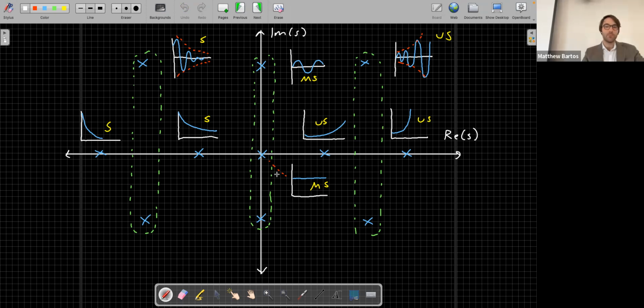What if we have repeated roots? Let's say repeated roots right here. What will the response look like if we have repeated roots on the negative part of the real axis?